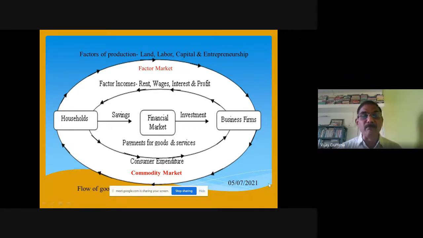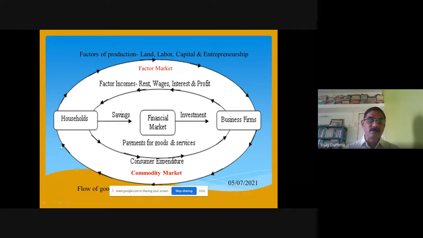When we combine the real flow of goods and services, that is the outer circle, and the money flow anti-clockwise, we get one circular flow of income and expenditure.